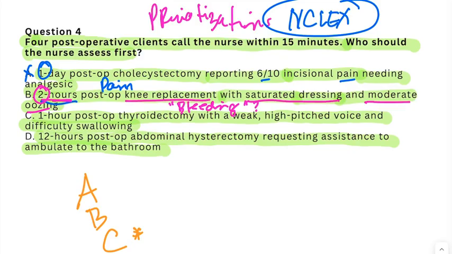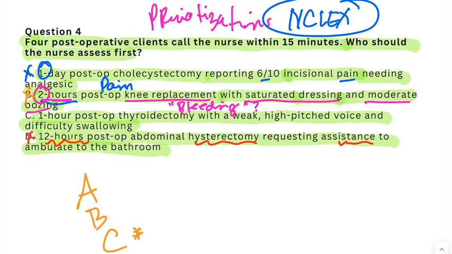So for the NCLEX exam, this is not a priority. Then let's look at the other choice: 12 hours post-op hysterectomy, requesting assistance to ambulate to the bathroom. That is not a priority according to the NCLEX.